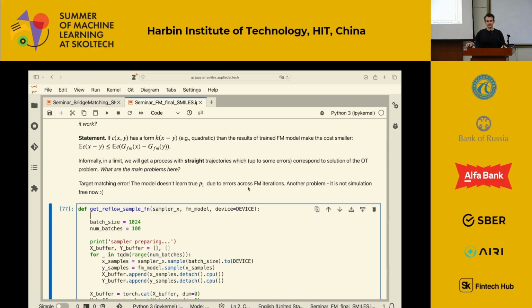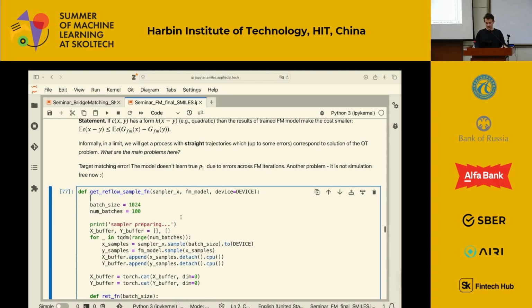Is it because the output data is the result of simulation for the next iteration of rectified flow? Yeah, you have to simulate your previous flow matching to generate the data, exactly. And that's why it takes a lot of compute to actually perform this rectified flow procedure.